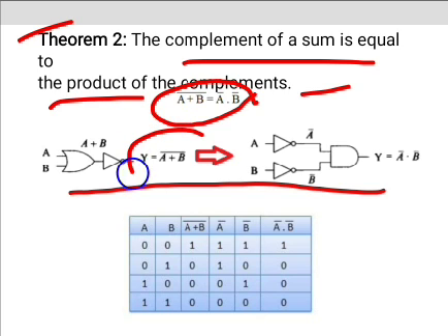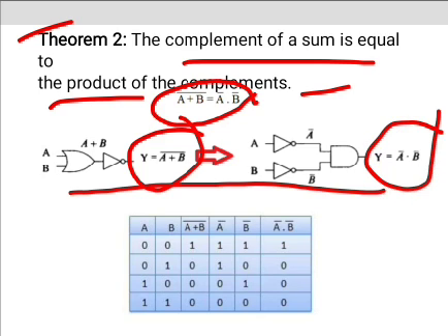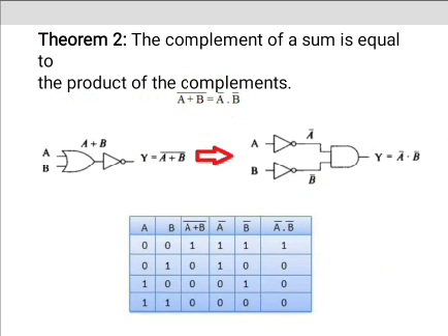In that, y equals A plus B whole complement, which equals A complement into B complement. So observe the table. The third column and the sixth column are equal. That means A plus B whole complement equals A complement into B complement.